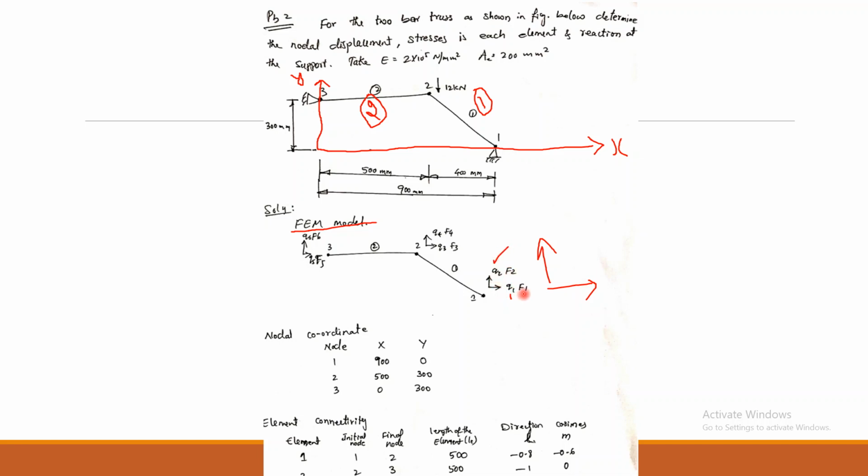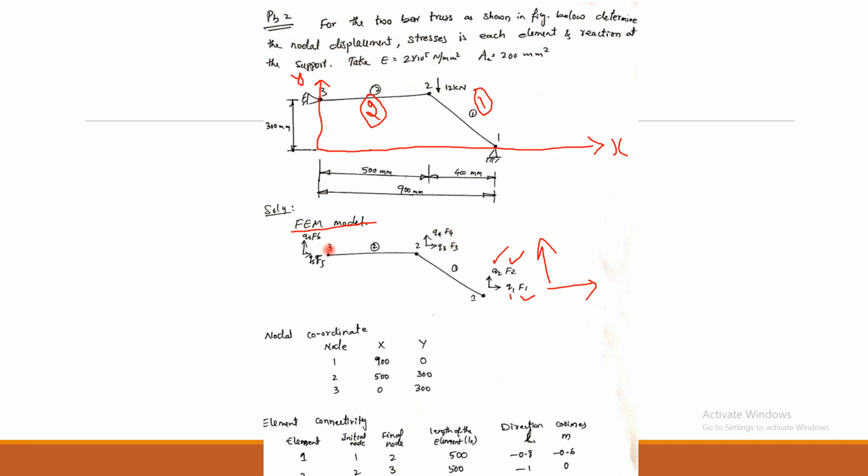Later, defining the forces is also much needed, as we've seen in the previous bar problems. F1 is a force in the x direction, F2 is a force in the y direction. After that, at node 2, extending from q1, q2, we represent q3 and q4, with forces f3, f4.